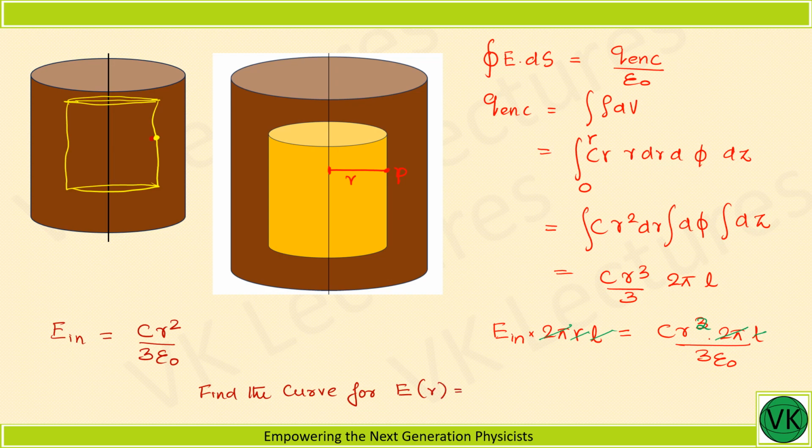So electric field versus r for the cylinder with the given condition on rho. We know that rho is C r. So based on rho, we have to find out the curve. So let this be your work.